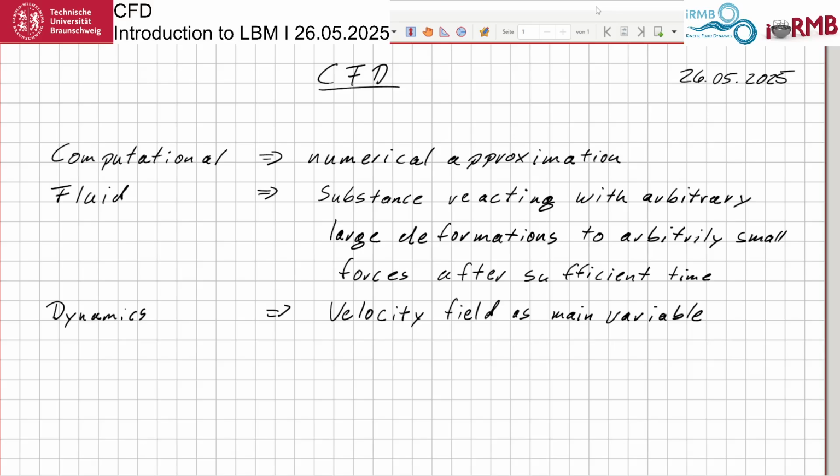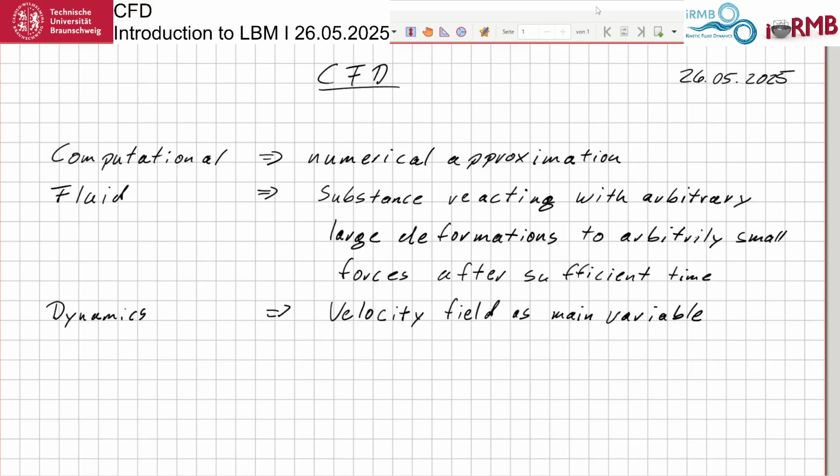A fluid is a substance that deforms arbitrarily under arbitrarily small forces. Of course, only arbitrarily if you wait long enough. Otherwise there's no lower bound on the force that leads to no movement.